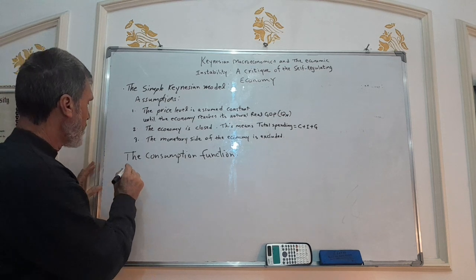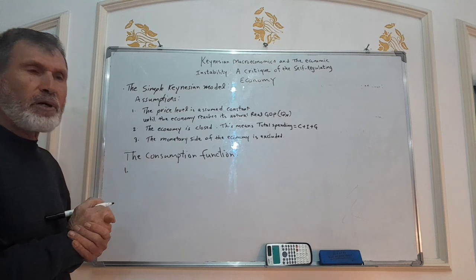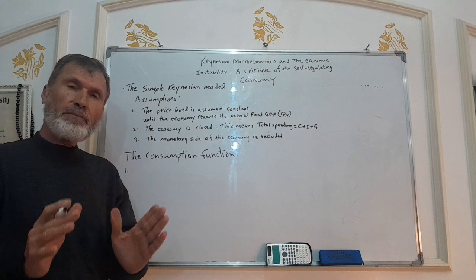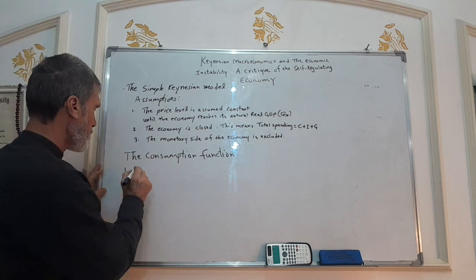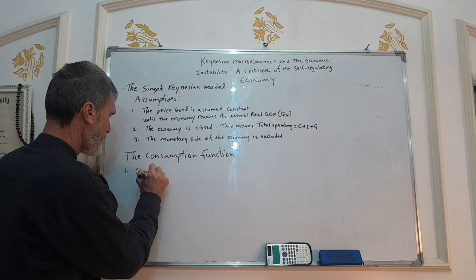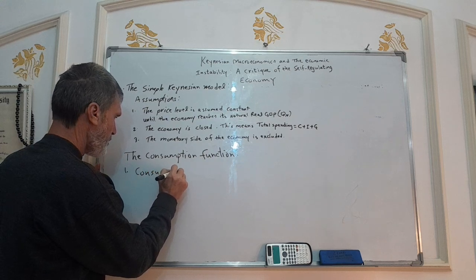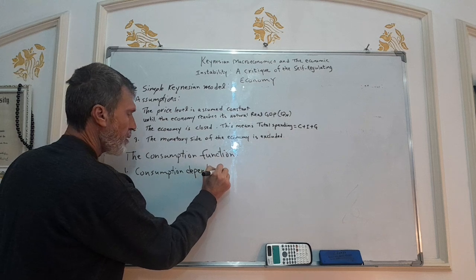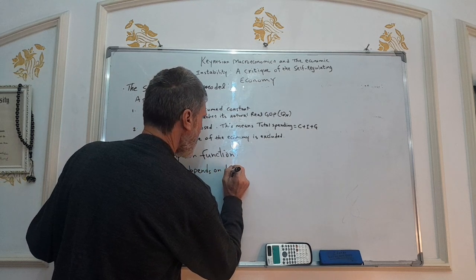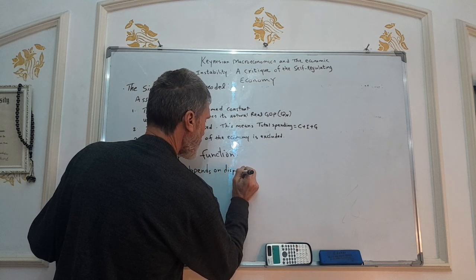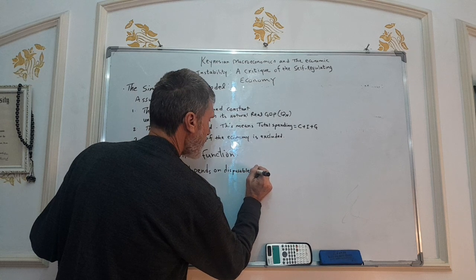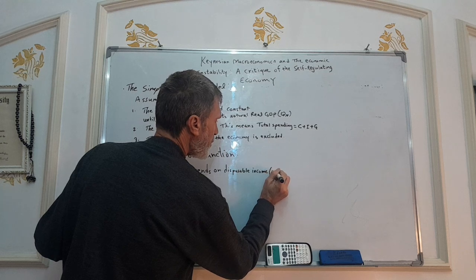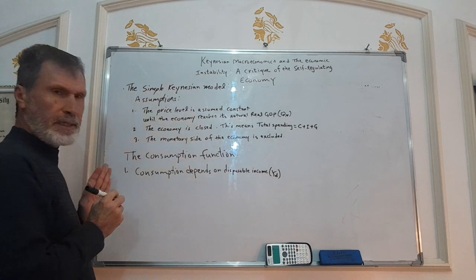The first point is that consumption depends on disposable income, YD.